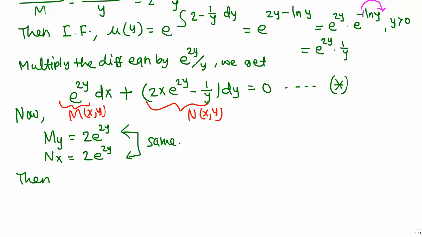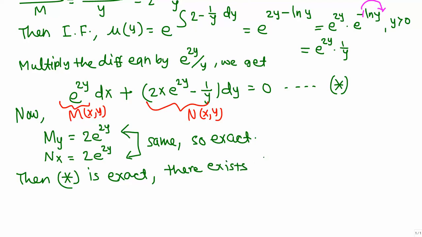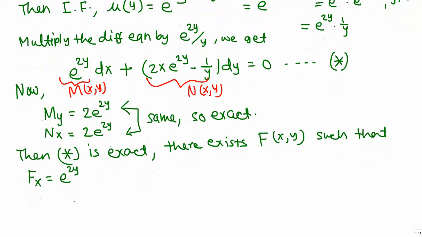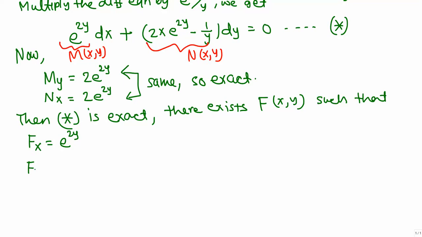Since this ordinary differential equation is exact, since star is exact, by definition there exists a function, let's say f, to be determined such that the partial derivative of f with respect to x is M, which is e^(2y), and the partial derivative of f with respect to y is N, which is 2x e^(2y) minus 1 over y.